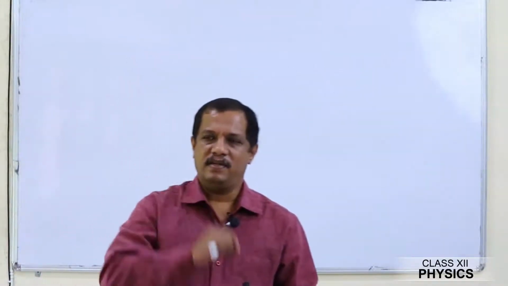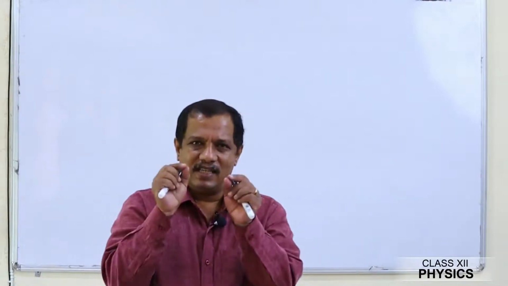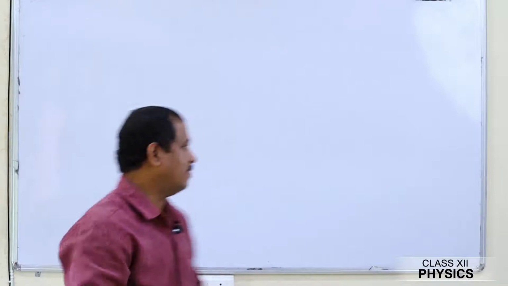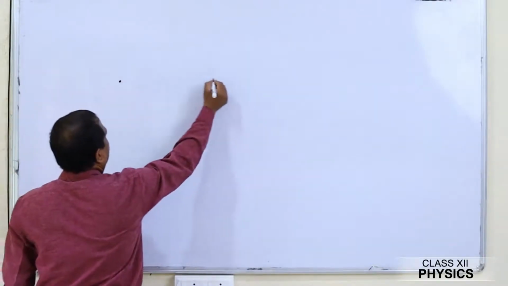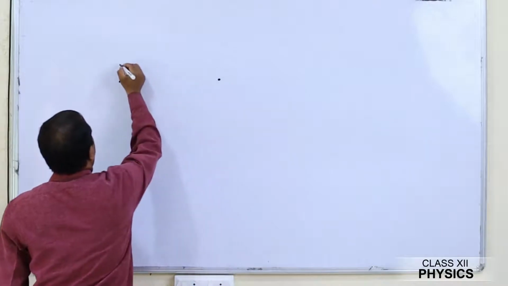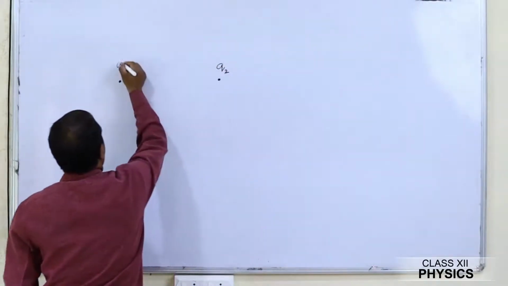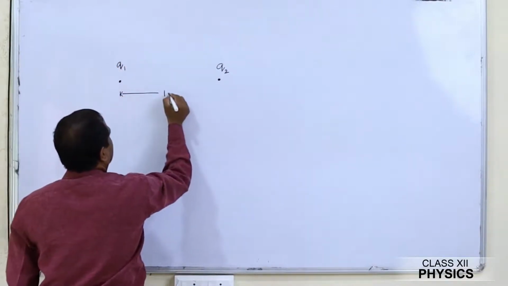The next problem is, I have two charges. Both the charges are placed at a distance of 1 meter. Let me say this is charge Q1 and this is charge Q2. And the two charges are placed at a distance of 1 meter.